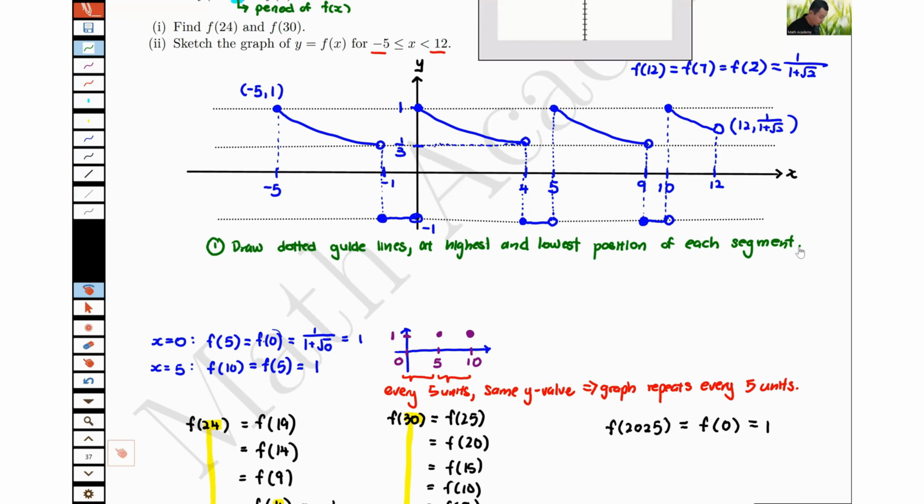Number 2, you should indicate whether you are including with a solid dot or excluding at the end of each segment.